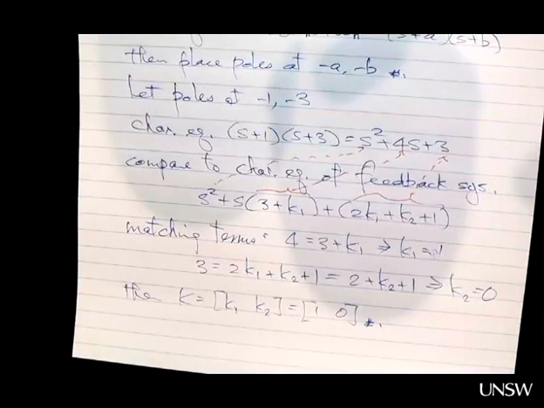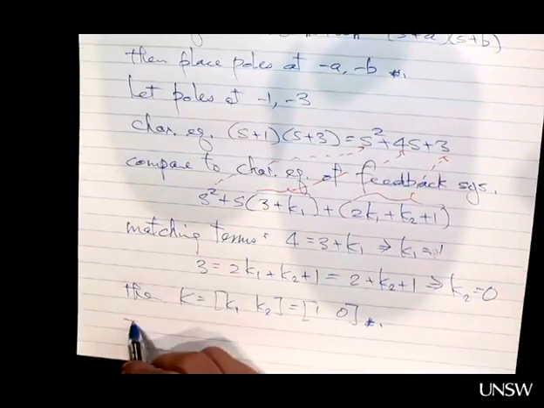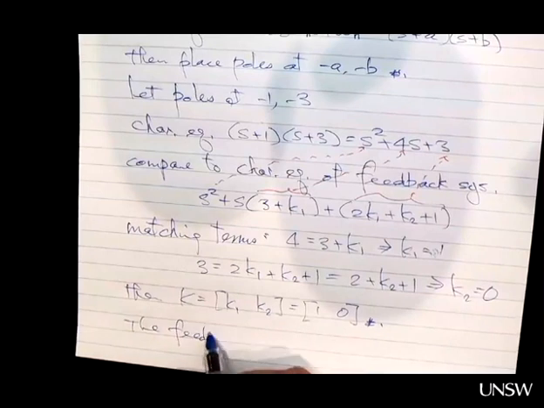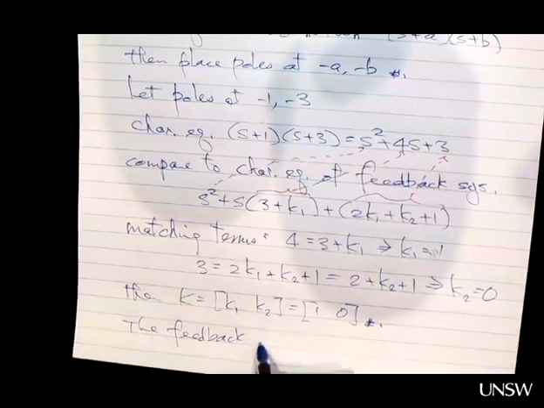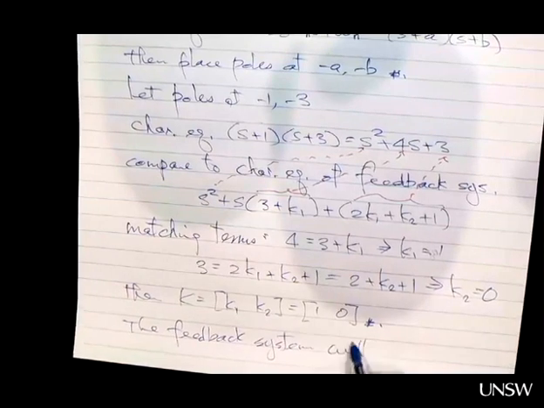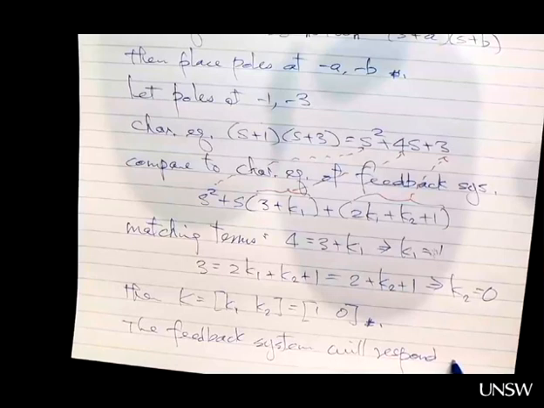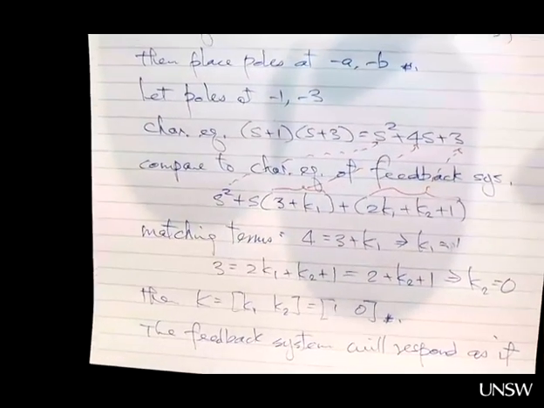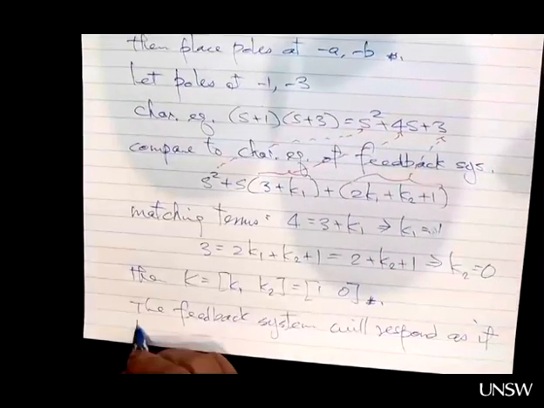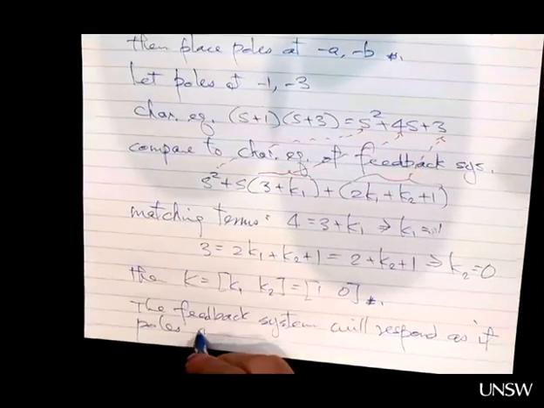Then the feedback system will respond as if the poles are at -1 and then -3.